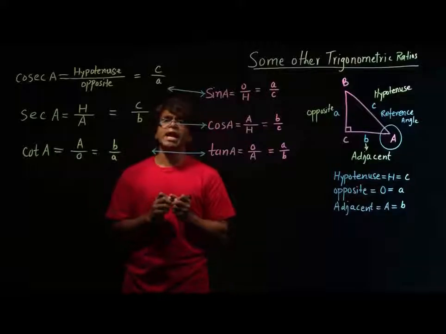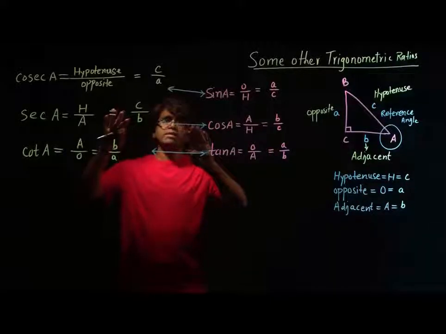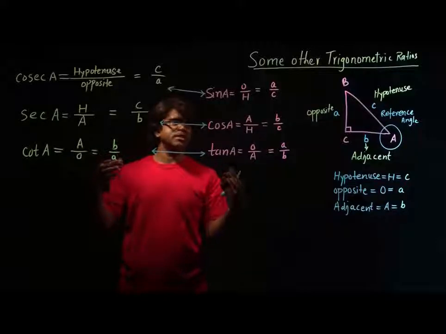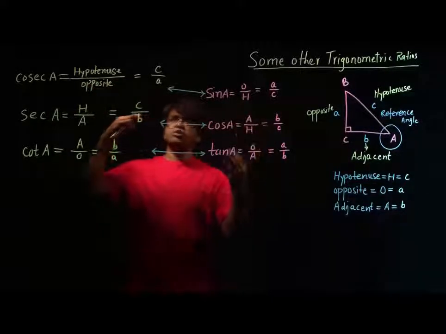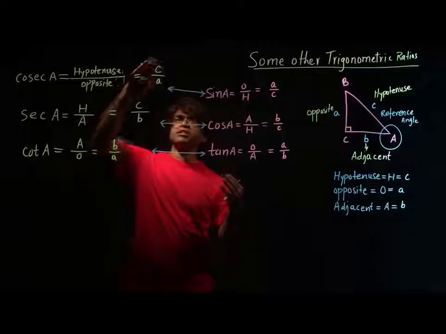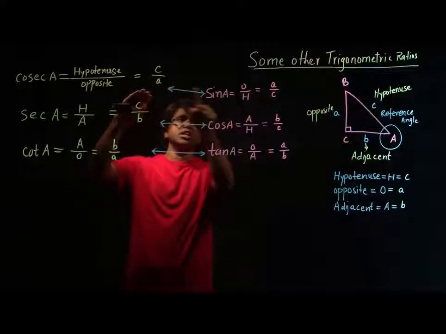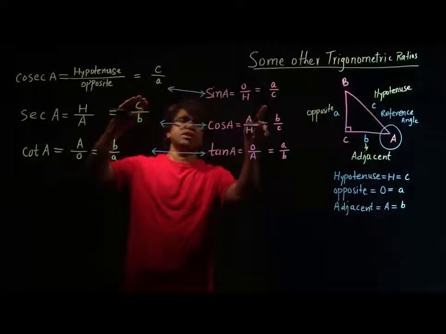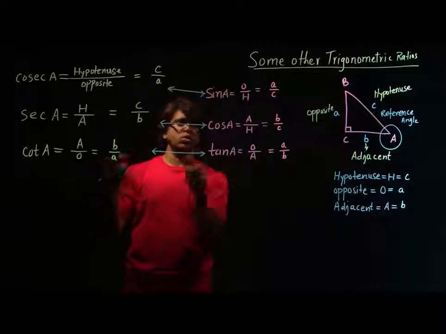Let's write another relationship. Cosecant is c over a, but sine is a over c, so they are reciprocals of each other. In the same way, secant and cosine, and tangent and cotangent.